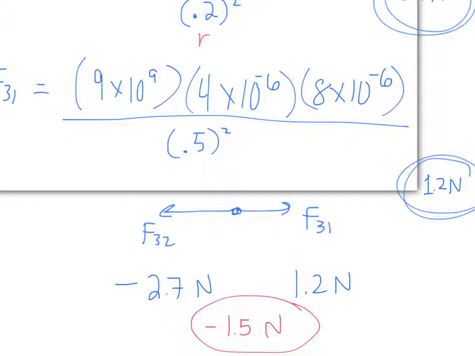So as a result, this negative 2.7 overcomes the positive 1.2, yielding negative 1.5 to the left. I simply added those numbers together, in case you're wondering, because I saw a blank look or two. Add these two values together to give you the final answer.